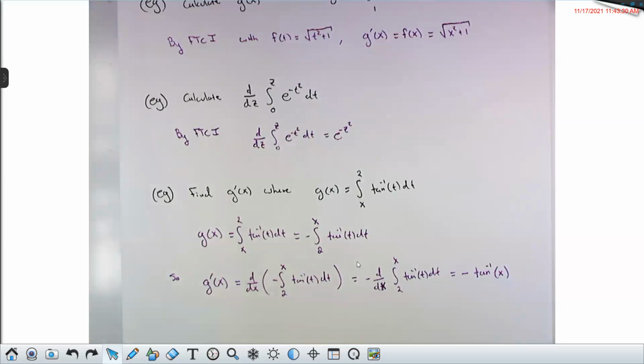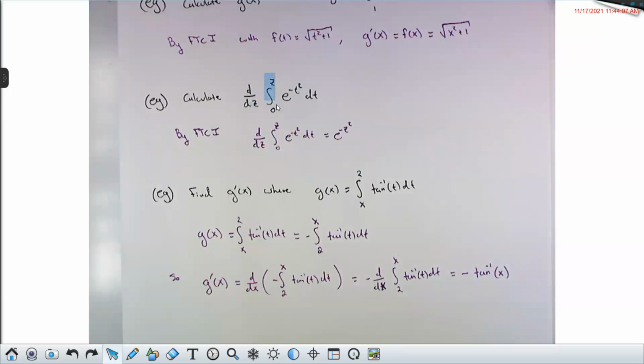I have a question for the top one, the calculate d dz one. It doesn't need to use the chain rule here, right? We don't actually need the chain rule here because the variable that I'm differentiating with respect to is not t, it's z.